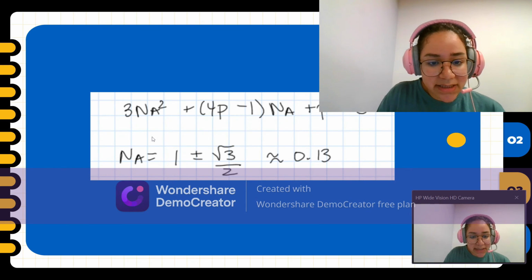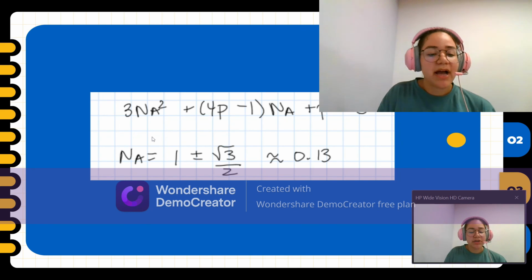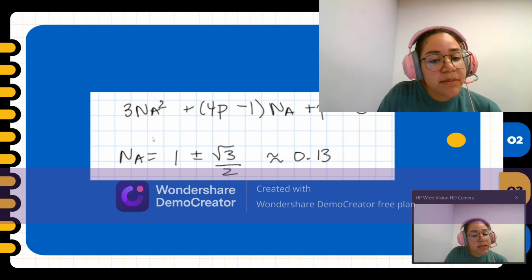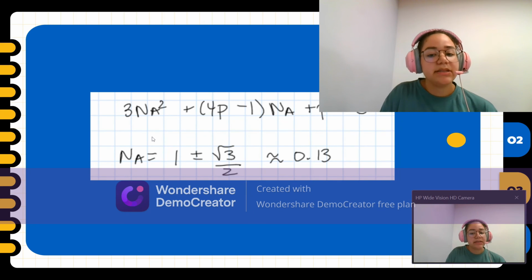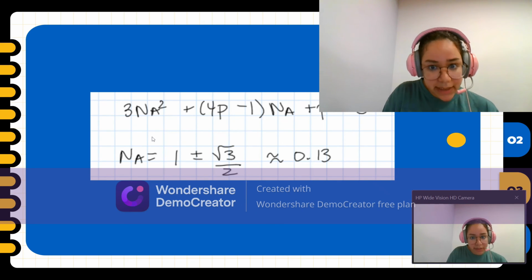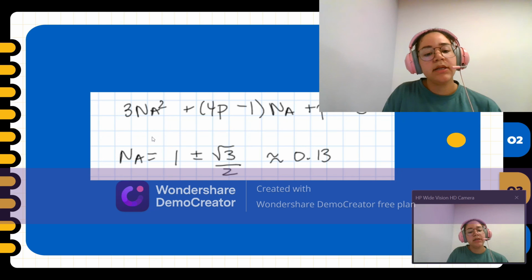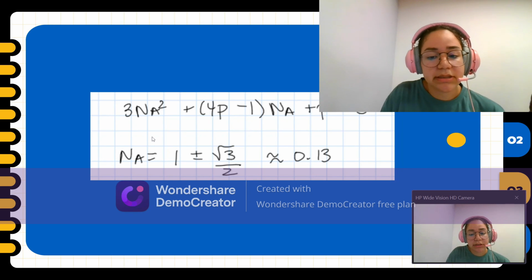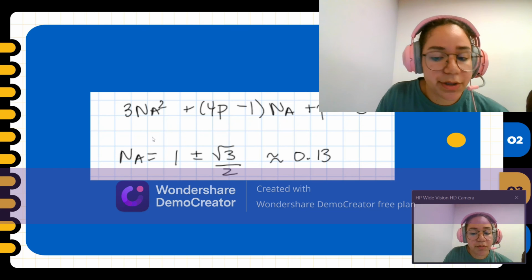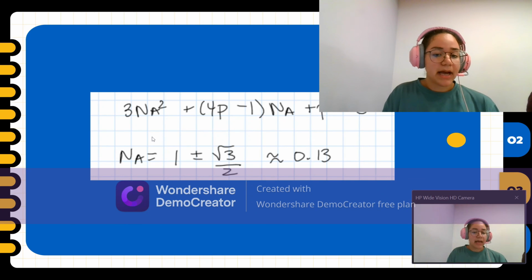After reformulating it, you have A is equal to 3, B is equal to 4P minus 1, and C is equal to P squared. After filling that into the equation, you get NA is equal to 1 plus or minus the square root of 3 over 2, which is around 0.13. Solving that part was very important.